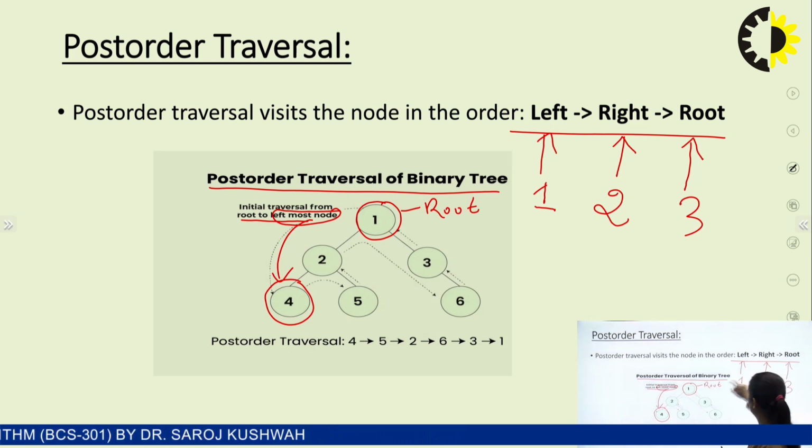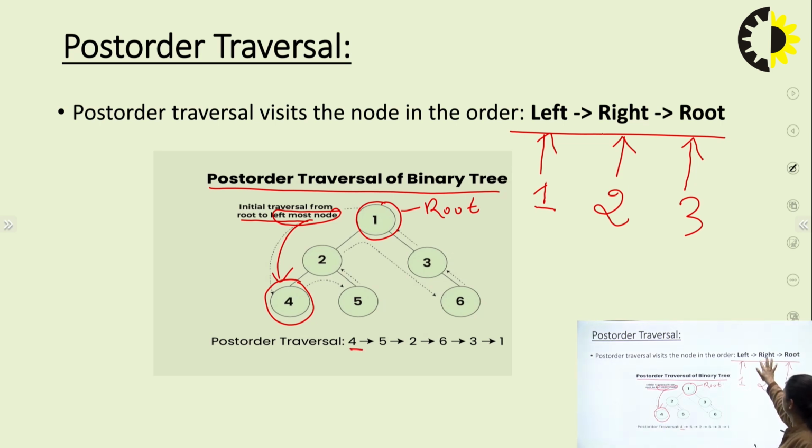This is the 4. Then the right node of this node, that is 5. After that, we go to the root, that is 2.